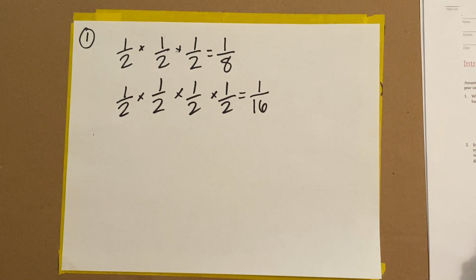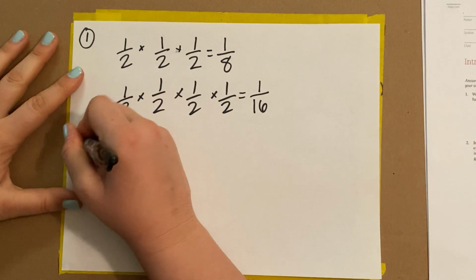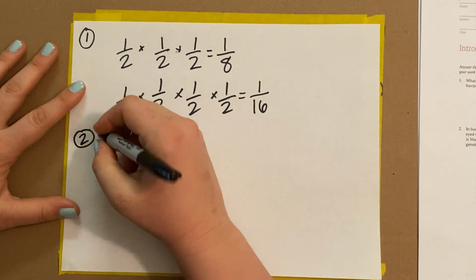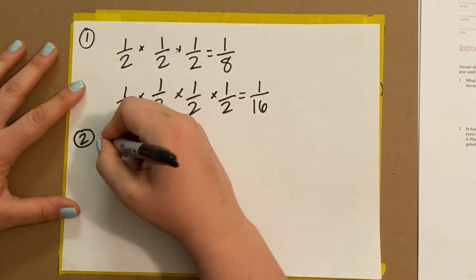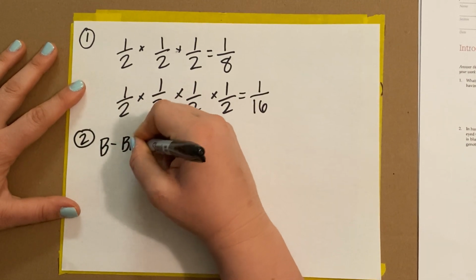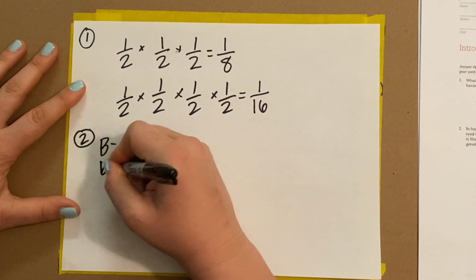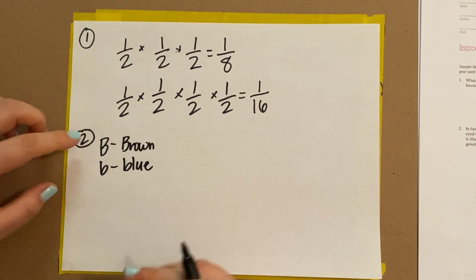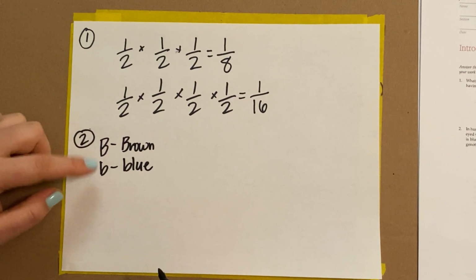The second problem has to do with brown and blue eyes. Okay, and so what happens is brown eyes are going to be dominant. So capital B is going to be brown, and lowercase b is going to be blue. Okay, and we know that brown is dominant over blue.